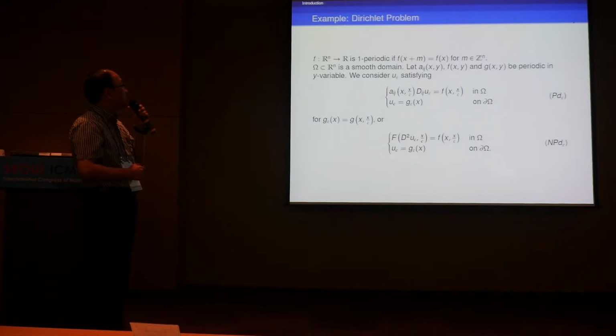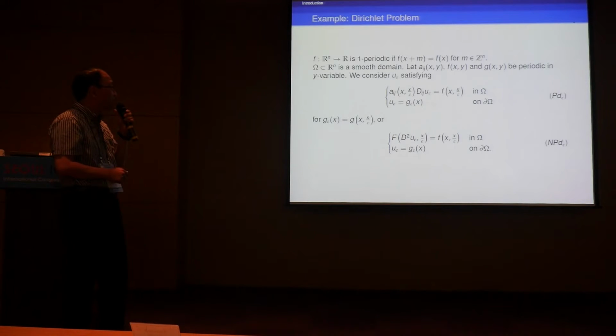I just give a simple example, which is a boundary value problem. Here the diffusion coefficient is oscillating periodically in this variable, the forcing term is periodic in this variable, and also the boundary data is periodic. Also, you can think of a nonlinear version of that equation.